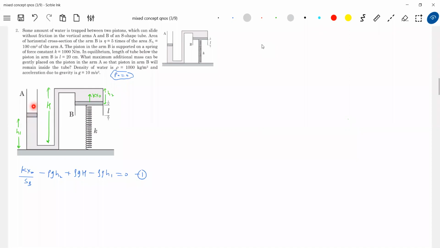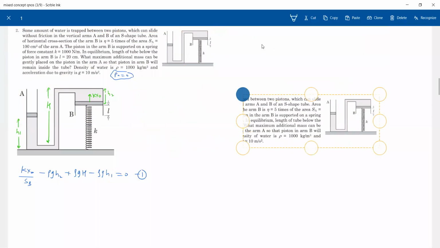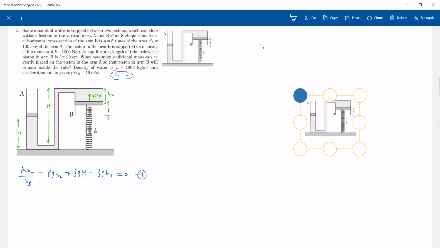So what happened? The pistons are massless. If the piston had a mass here, then mg by SA, area of cross-section of that. So that's the one equation, you keep it here. Okay, after placing the load, I think it's all about the diagram.